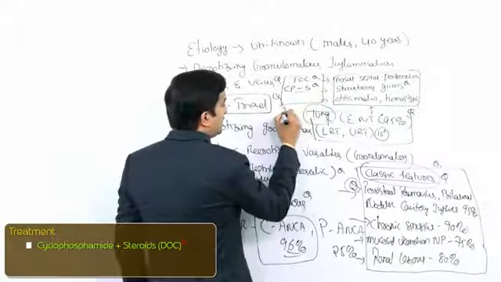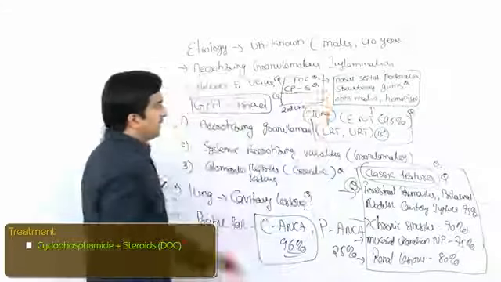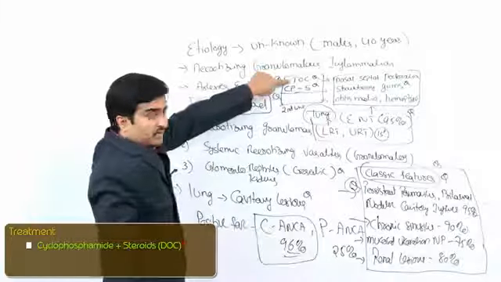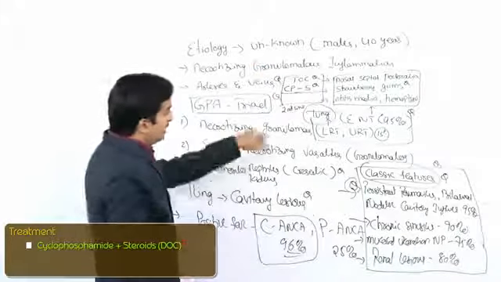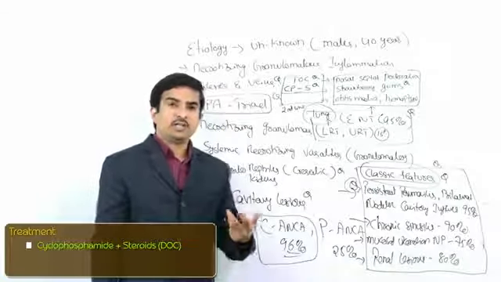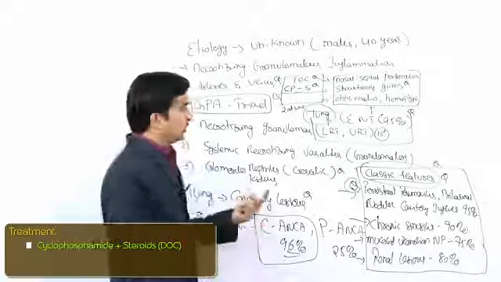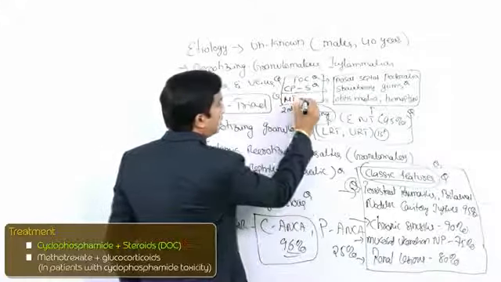This is the treatment of choice. So, what is the second line? This is the first line of treatment: cyclophosphamide in combination with steroid. If cyclophosphamide is contraindicated in some individuals, or if the patient develops cyclophosphamide toxicity, then we need to give methotrexate plus steroids.